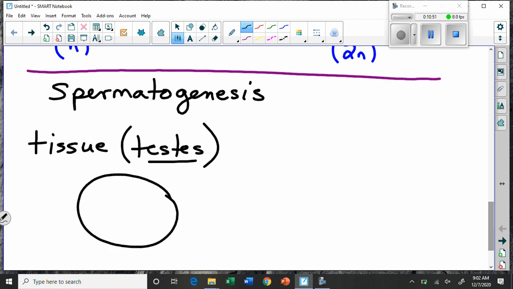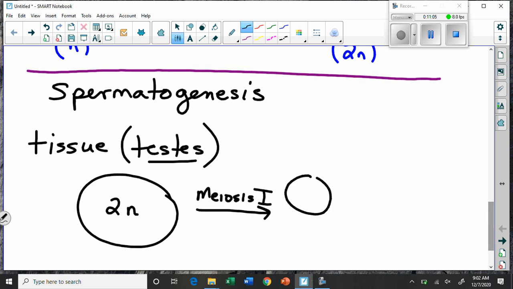What happens is you have a cell. It's a diploid cell. I'm just going to put 2N inside, right? And it undergoes meiosis 1, and that produces 2 cells. Because at this point you've separated the homologous pairs, these 2 cells are now N. And then meiosis 2 occurs.